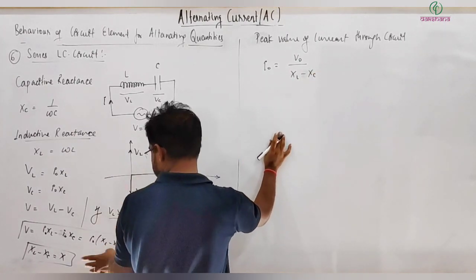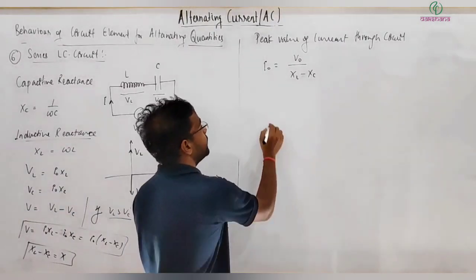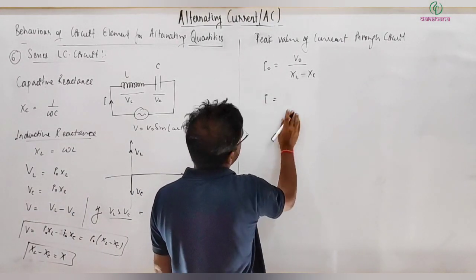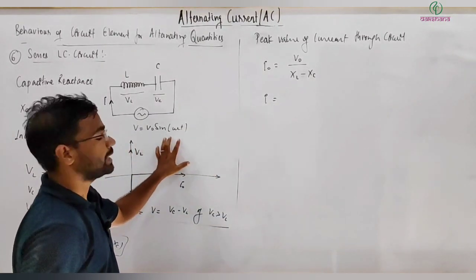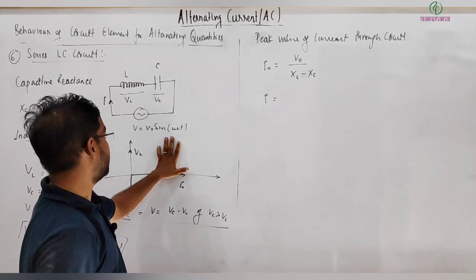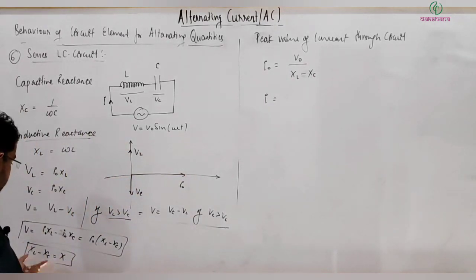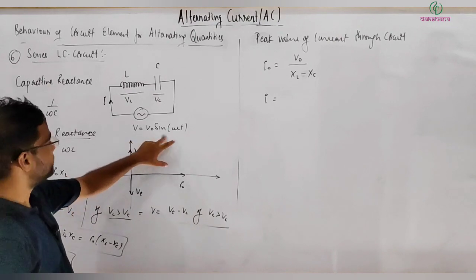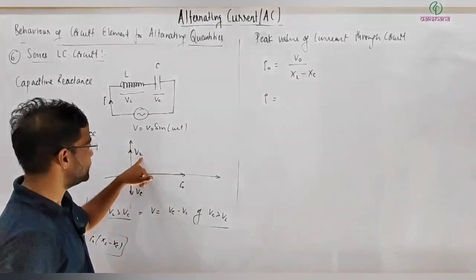So net current will be what? Here this is your net EMF. Now if this is the condition, then the net EMF will be along this. In that case, your current will be lagging behind, is it?